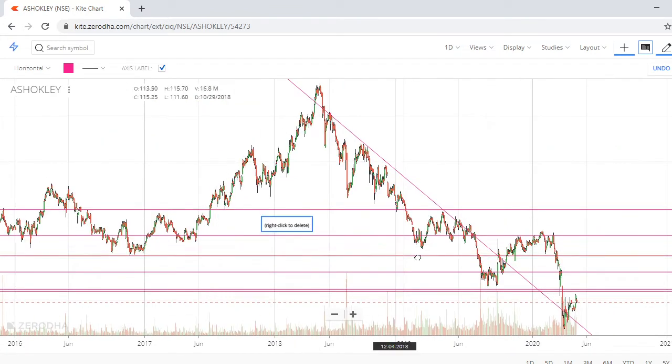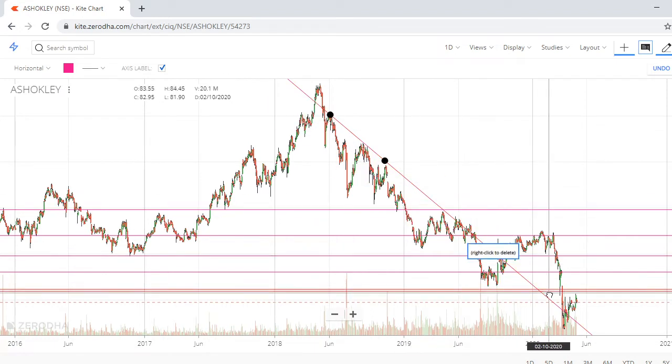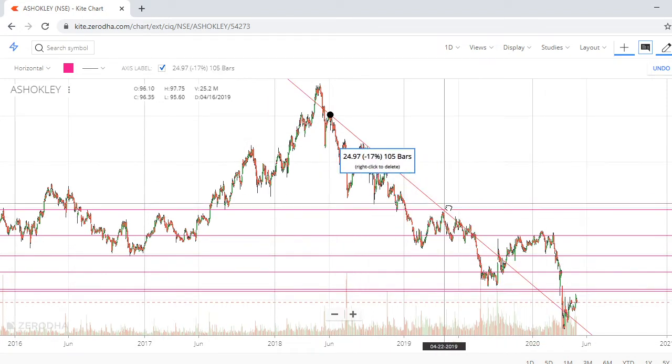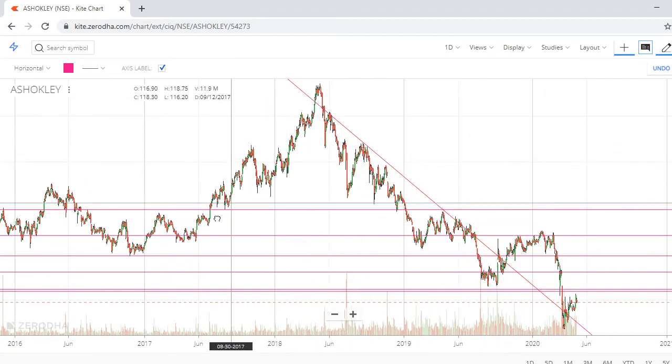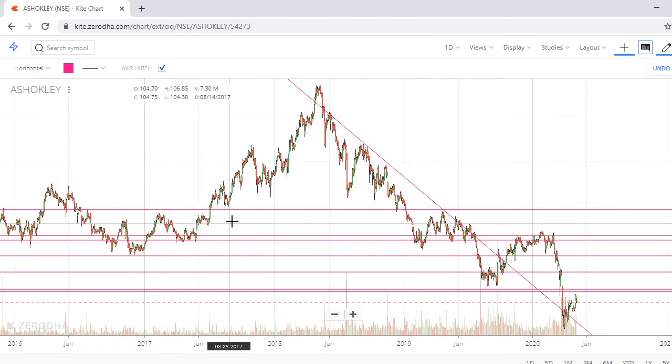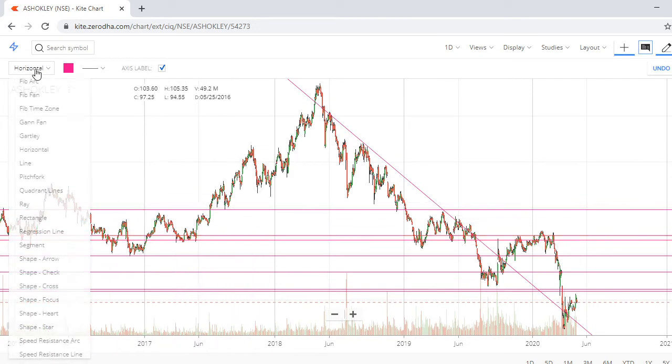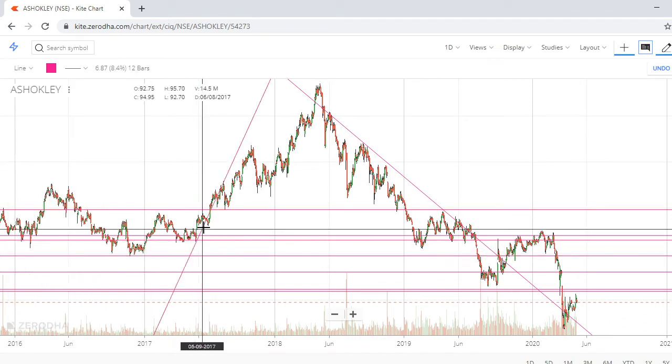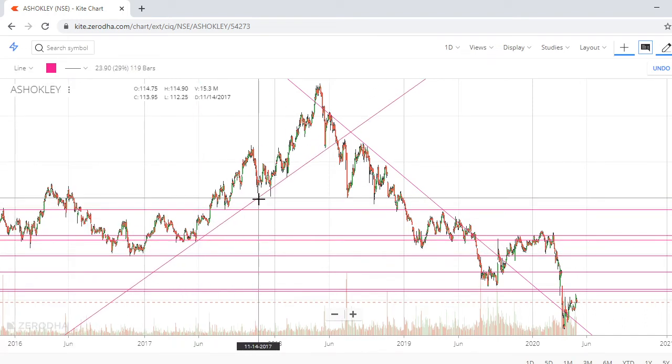And the same, see, whenever I am drawing the downtrend trend line, I am trying to join the highs. Whenever I am trying to draw a trend line for the uptrend, I am trying to join the lows.